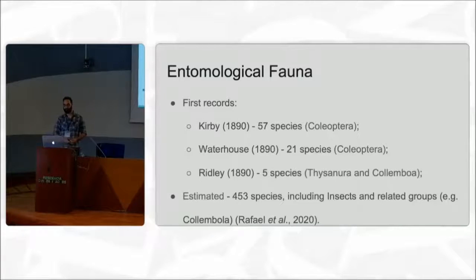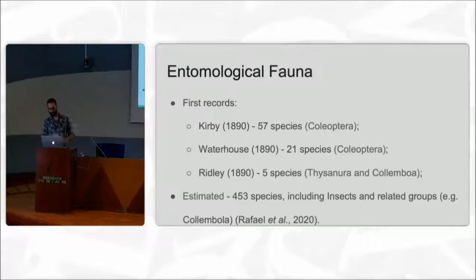What about the entomological fauna? The first records there were by Kirby in 1890, and he found 57 species of Coleoptera. Waterhouse in 1890 found 21 species of Coleoptera, and Hinton the same year 5 species, Zygentoma and Collembola.